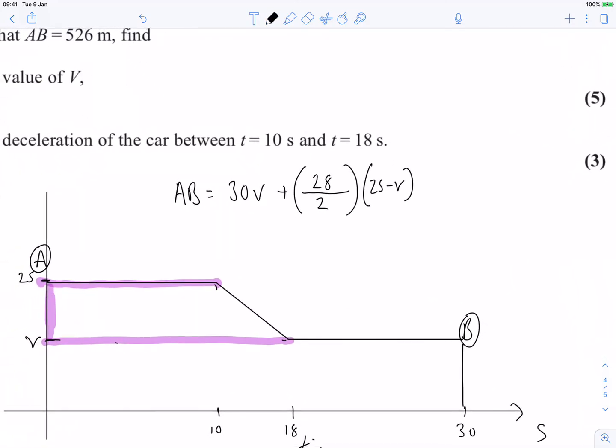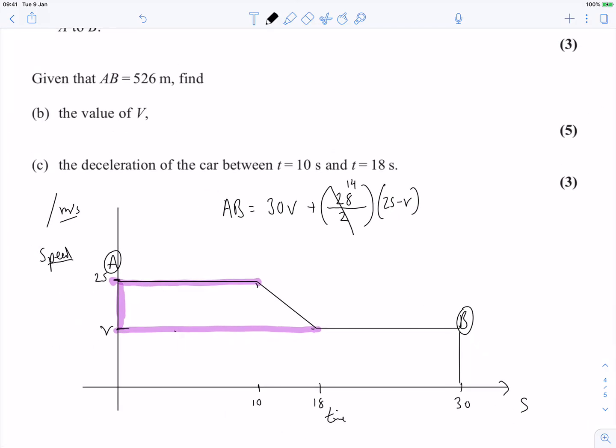So what we're going to have here, 28 over 2 is 14. So 526 equals 30V there, but then I've got 14 times 25 minus V if I expand the brackets. So that's minus 14V, and 30V minus 14V is 16V. And then 14 times 25, well, that's 7 times 50, which I believe is 350.